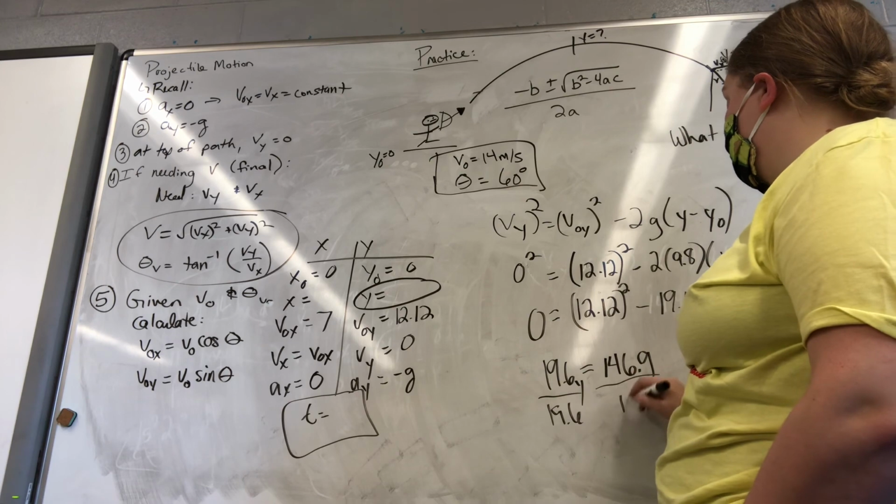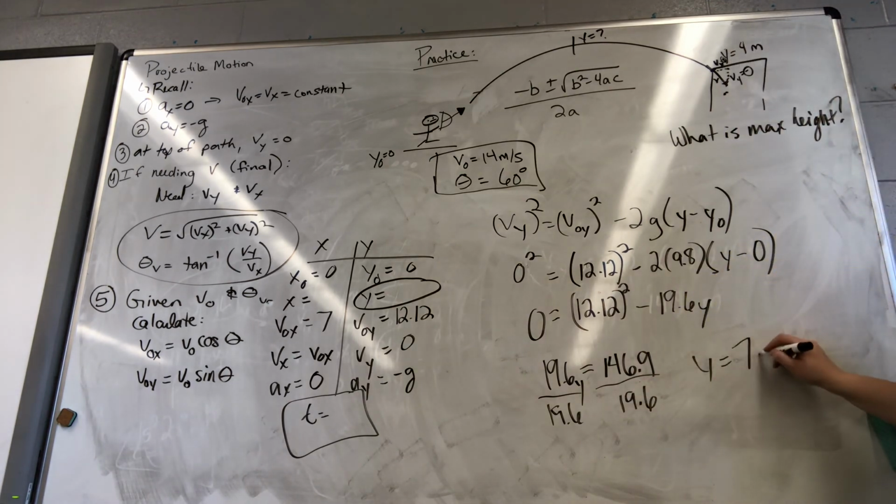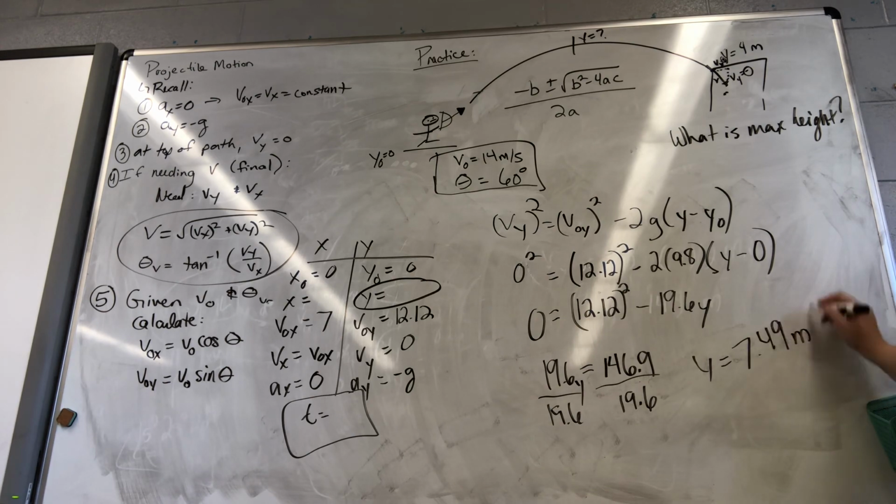What's 146.9 divided by 19.6? 7.49. So there's the height of your projectile.